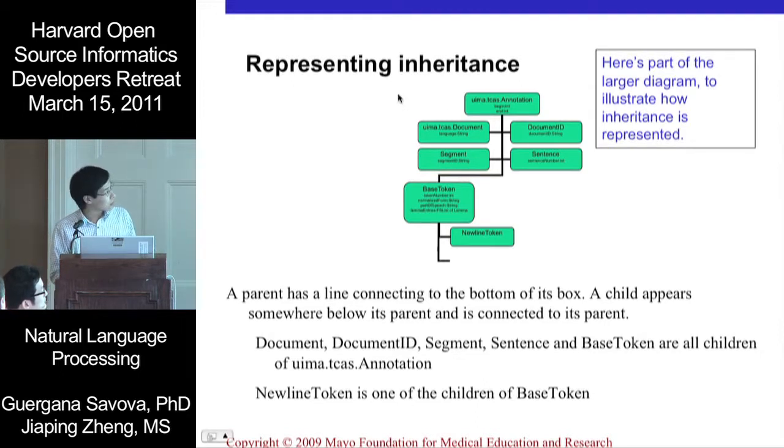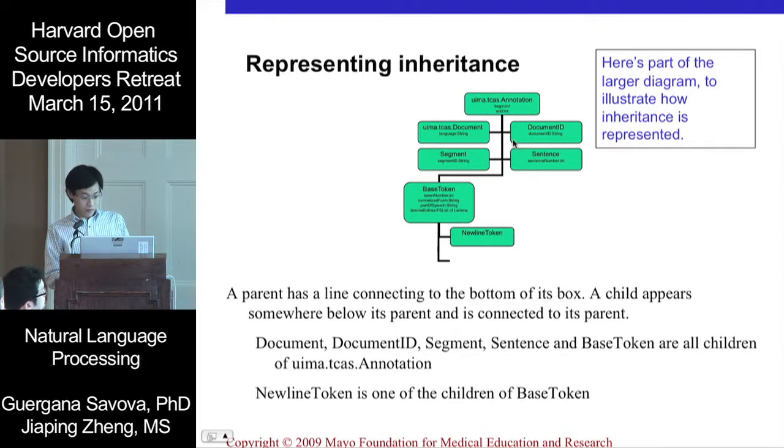So here you will see uima.tcas.annotation is the highest level of something that you can represent in cTAKES, and then document ID, segments, sentence, base token, newline token.